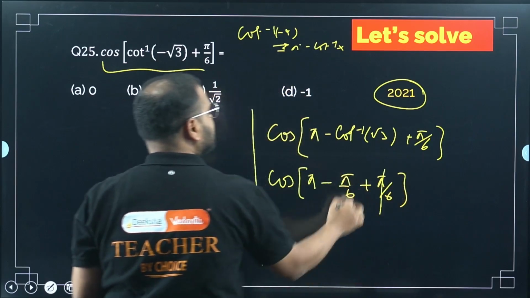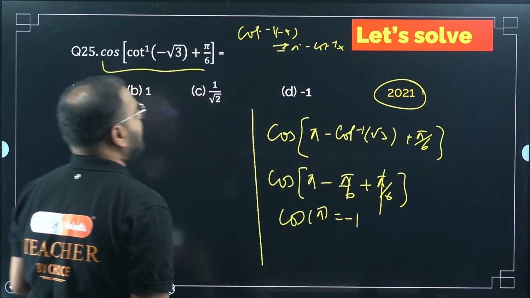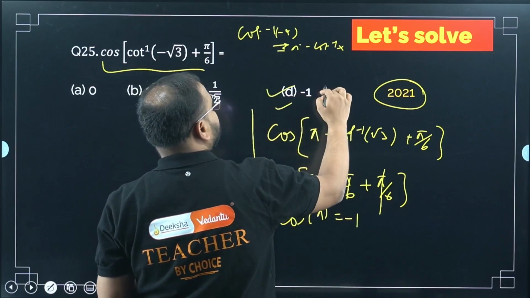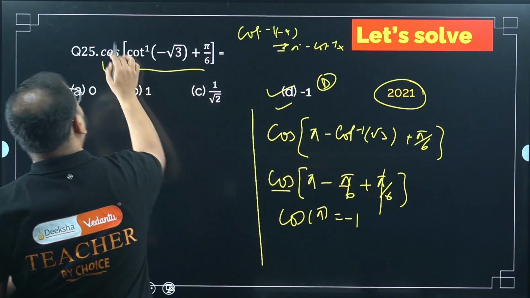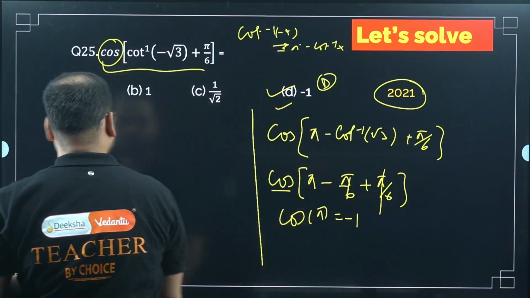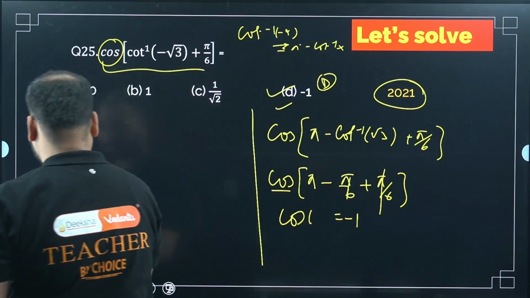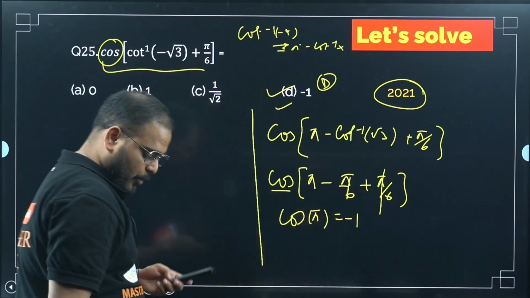Cancel this out. I get cos of pi as minus 1. Answer is minus 1, D. Cos is operating outside, so cos of pi is minus 1. This is pi. I hope you understand this.